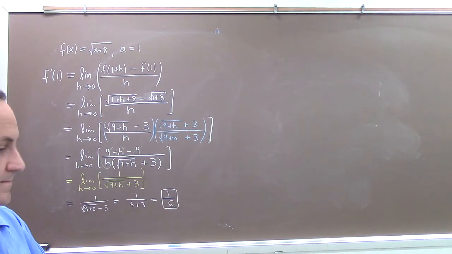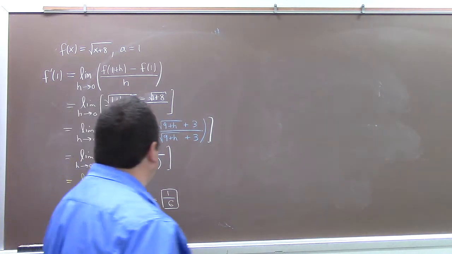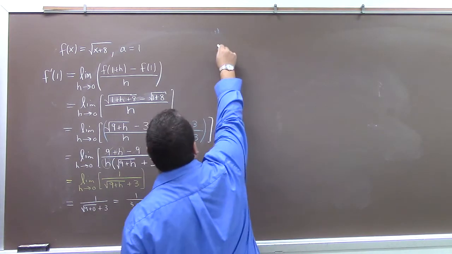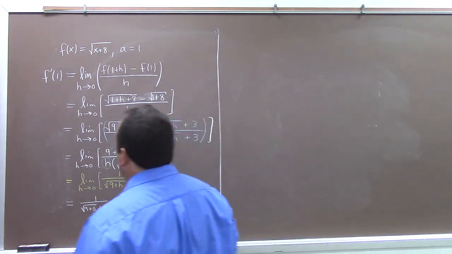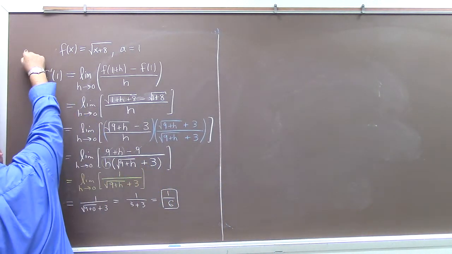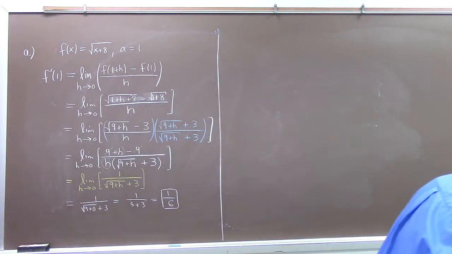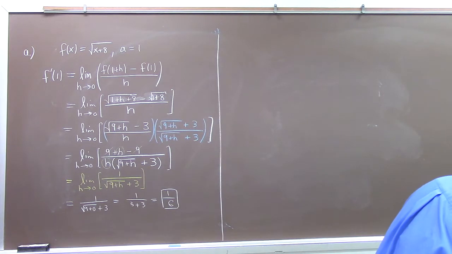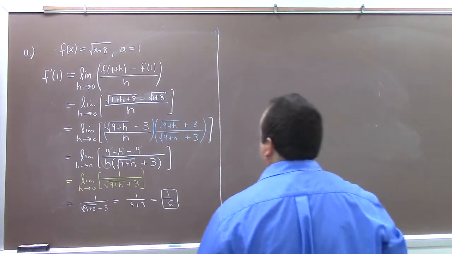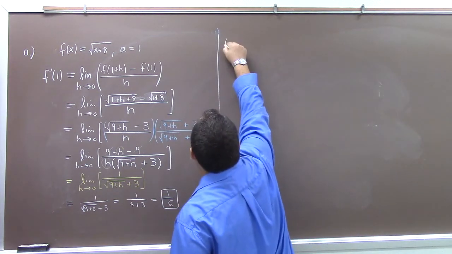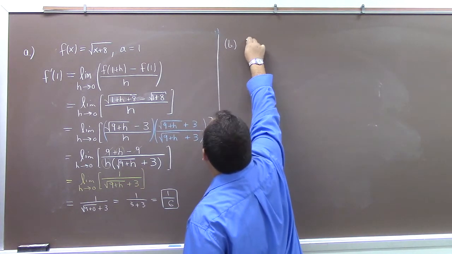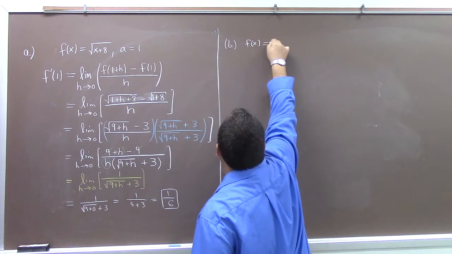All right? So that's like A. And then B is f of x equal to sine of x.